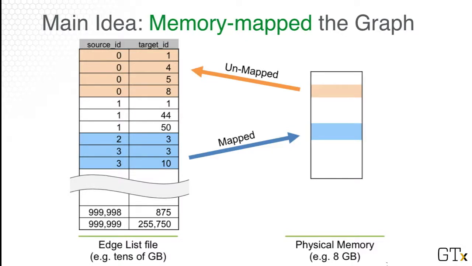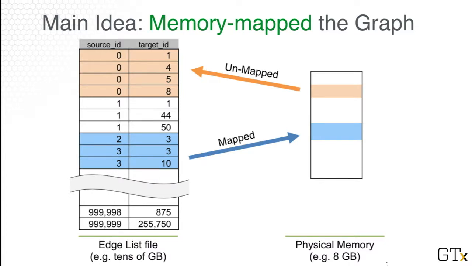If a graph is large, that usually means there are a lot of graph edges. For a billion edge graph, the edge list, for example, can be up to tens or hundreds of gigabytes. So it will not fit into the main memory of a laptop or a desktop computer.